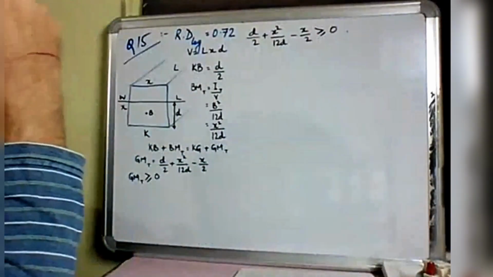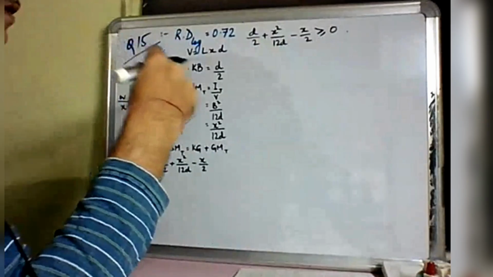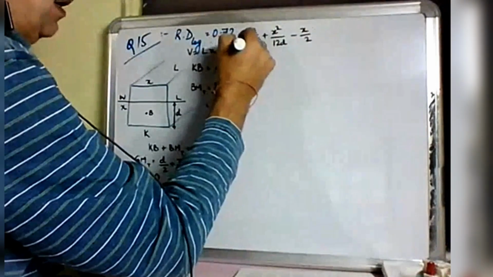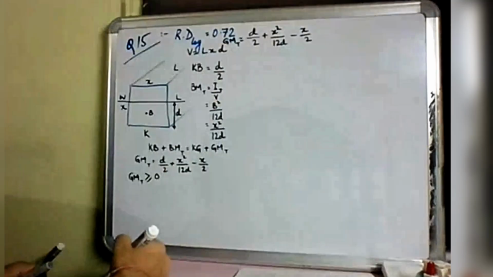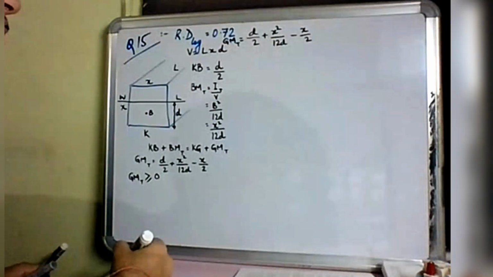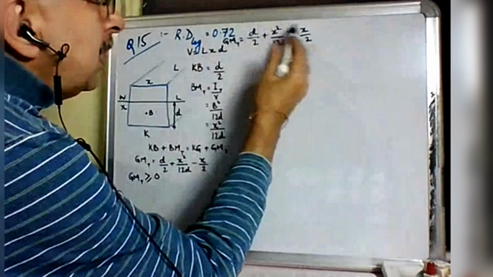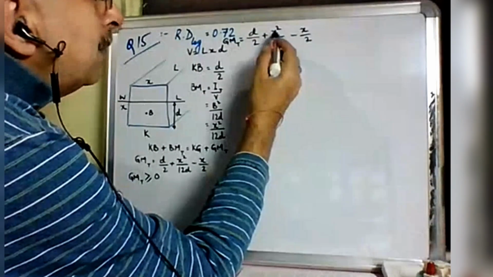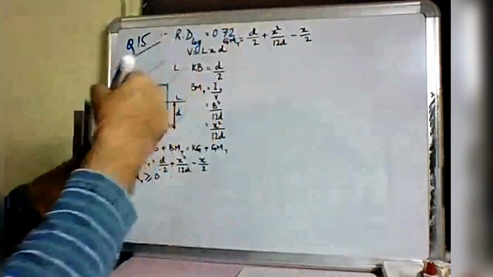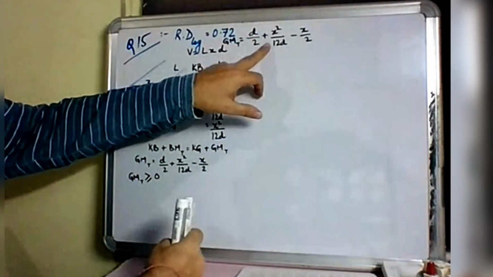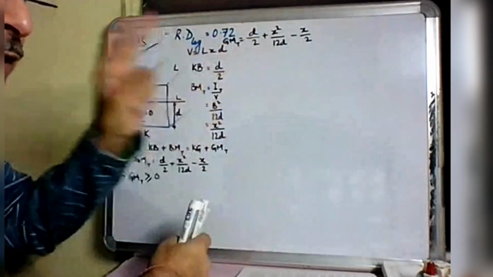The log will float upright. I've got this equation, I've got two variables, x and d. If I have to solve this equation, then I must have another equation with two variables.